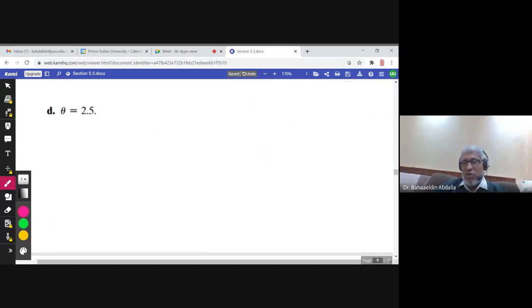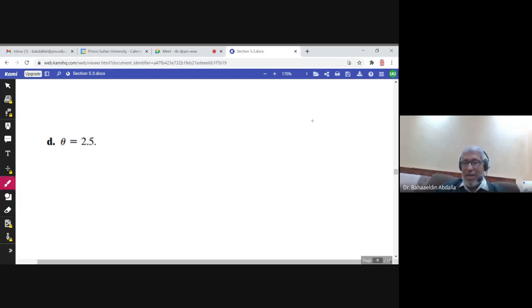Another question. Notice that this is 2.5. There is no small square here, so this is in radian. So 2.5 radian. Okay, I need first to draw this angle in standard position. It's a positive angle. I put the vertex here, the initial side here, and I go in the positive direction. Well, what is pi?